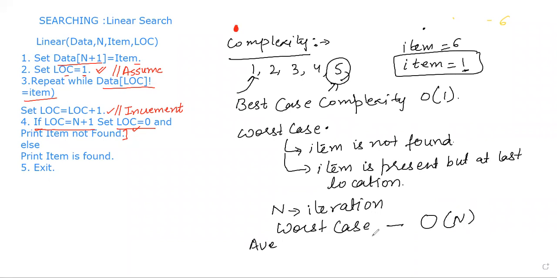Similarly, if you talk about the average case complexity of the linear search algorithm, average means that you are able to find the item, but it is somewhere in between, at the middle of your given data. So let's assume that I am trying to find item equal to 3. In that case, it is of the order of n by 2, approximately.